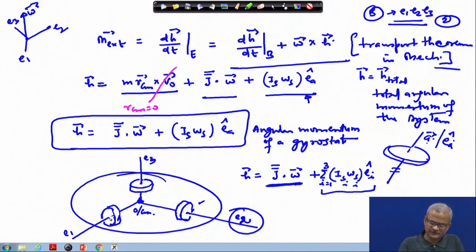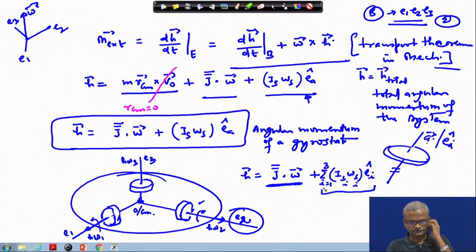So, here this is the wheel number 1. It will have angular momentum along this direction if it is rotating this way. If it is rotating this way, it will have angular momentum along this direction. So, we can write these as H W 1, H W 2 and H W 3, meaning these are the angular momenta of wheels 1, 2 and 3.